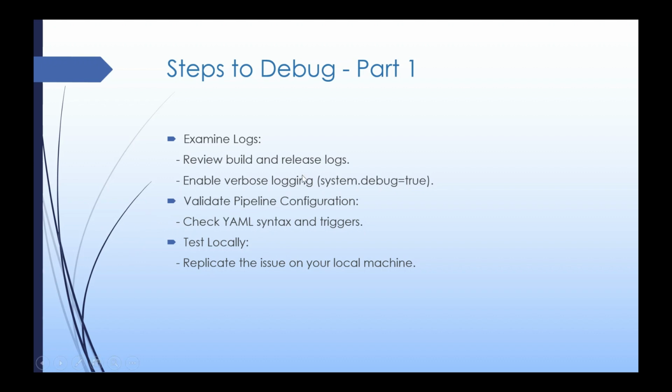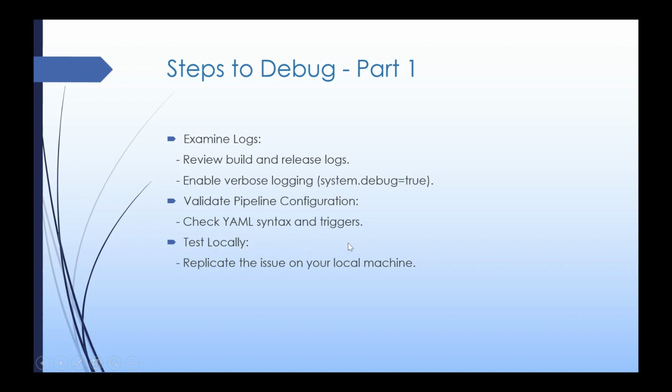Next is validate pipeline configuration. Check all the YAML syntax and triggers properly, and make sure you are validating that YAML either with some online YAML validator or even in Azure DevOps pipeline, which you get to validate your YAML file before pushing it to the repository. Make sure you are validating them.